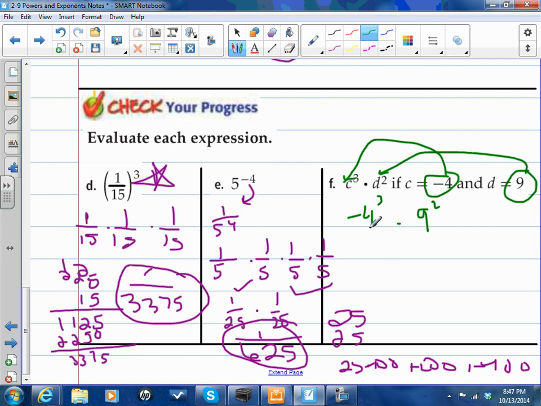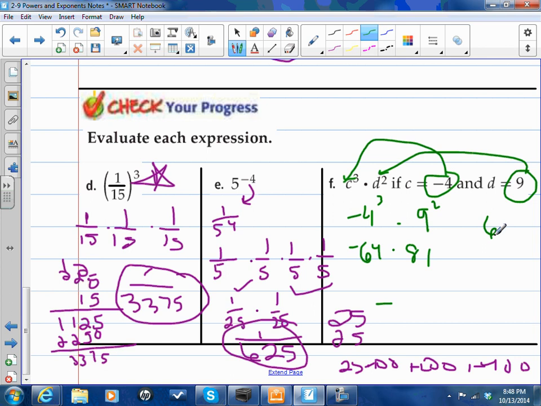This is a negative number, not a negative exponent. Hopefully you remember that a negative times a negative is a positive, but an odd number of negatives is really going to be a negative number. So this is going to be negative 64 times 9 times 9 is 81. And hopefully we know a negative times positive is a negative.